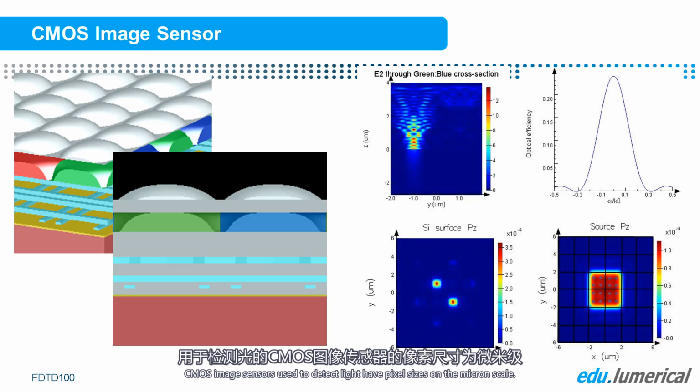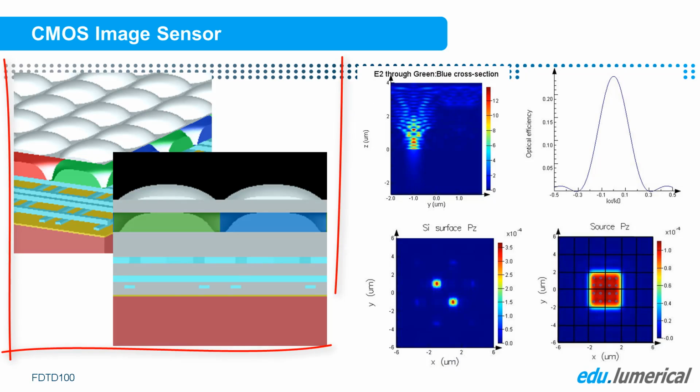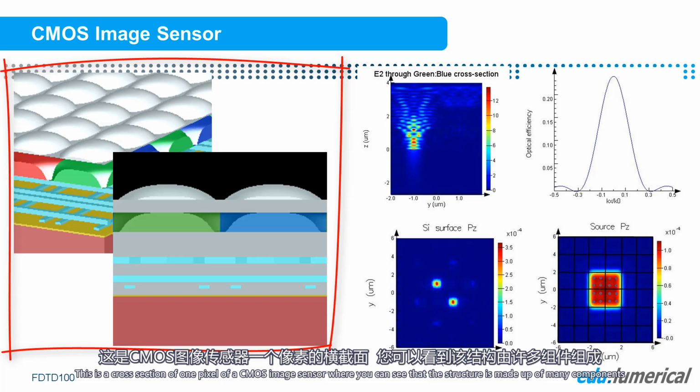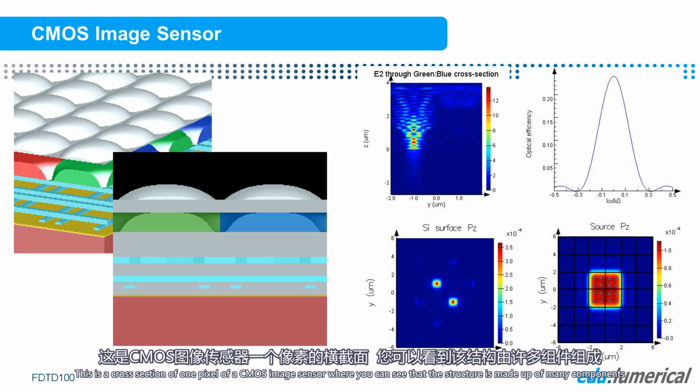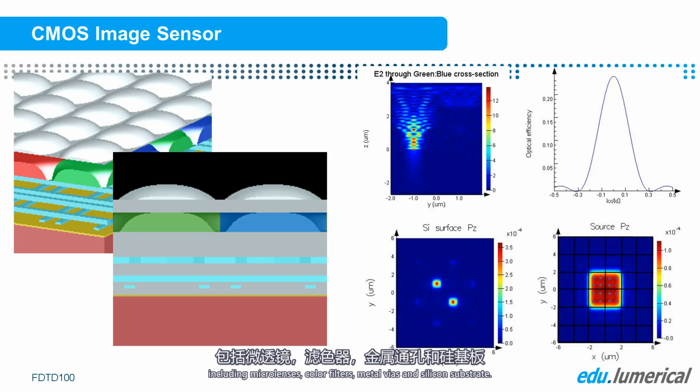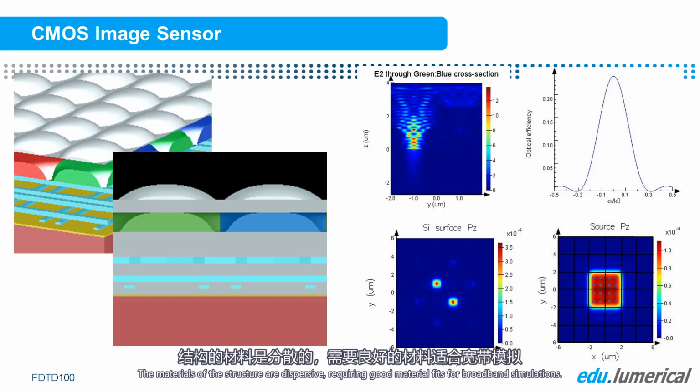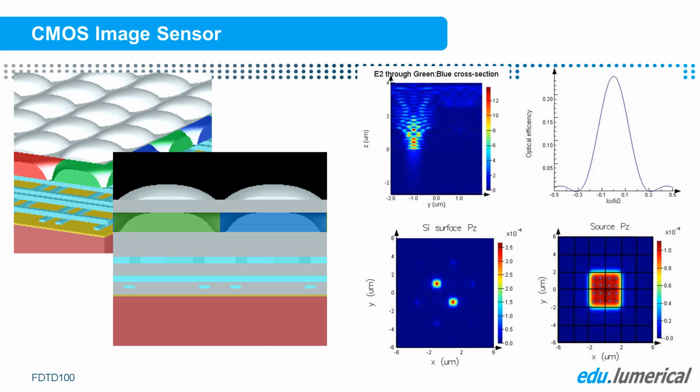CMOS image sensors used to detect light have pixel sizes on the micron scale. This is a cross-section of 1 pixel of the CMOS image sensor, where you can see that the structure is made up of many components, including microlenses, color filters, metal vias, and silicon substrate. The materials of the structure are dispersive, requiring good material fits for broadband simulations.